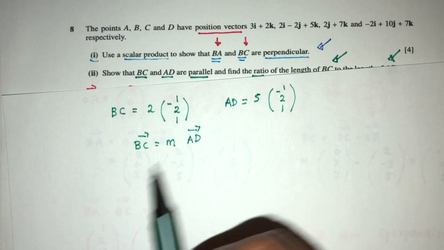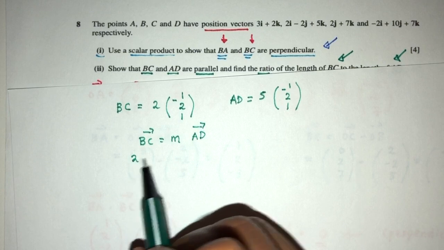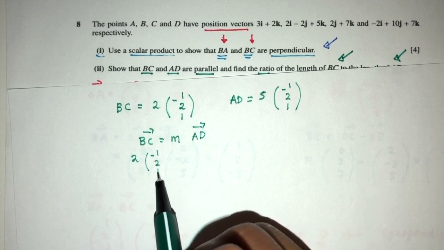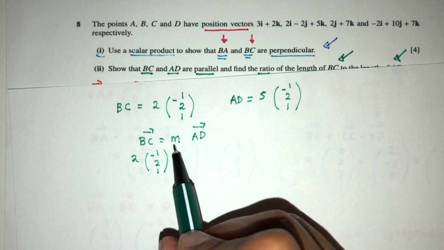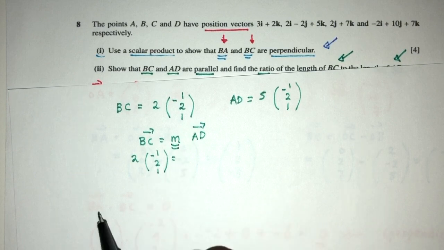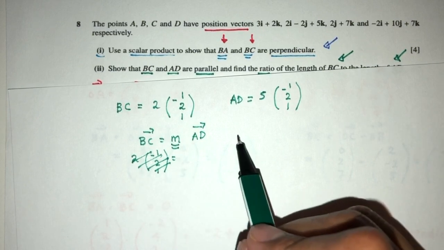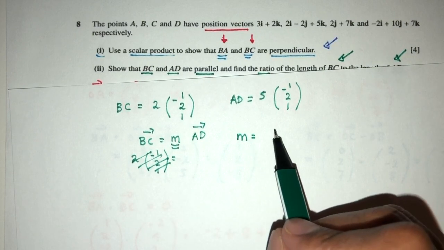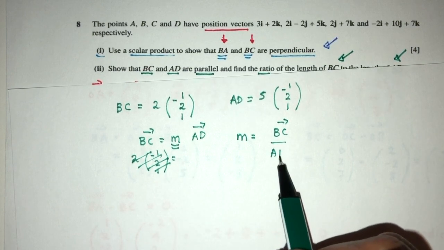Right. Now let's replace and see what do we have. For example, here we have 2 times 1, 2, 1. So we don't know this value of m. We have to find this value of m. How do we find m? Easily. Let's make this easy for you. M will be simply BC divided by AD.